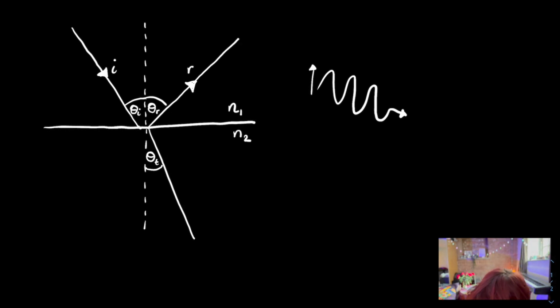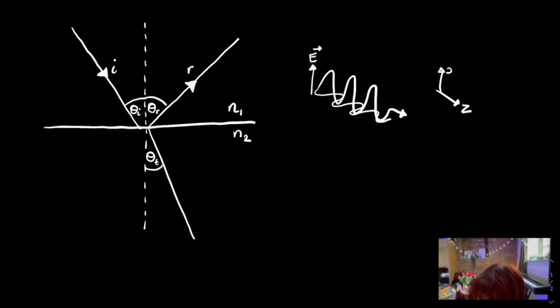So if this is our z-axis right here, then we have our electric field along the x-axis, and it's oscillating up and down in a direction that's perpendicular to the direction of propagation. And we also have a magnetic field which is oscillating perpendicular to both the electric field and the direction of propagation.